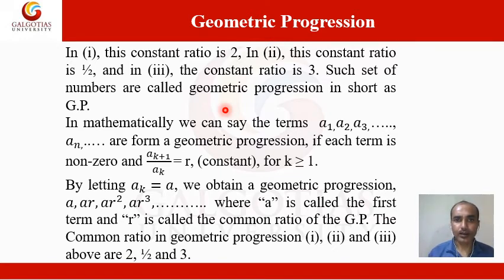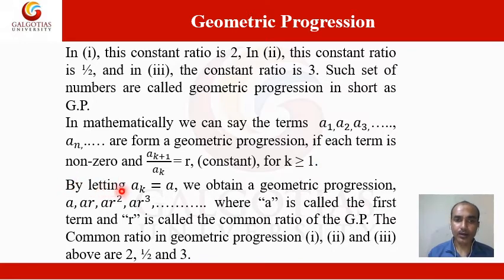Mathematically, we can say the terms a1, a2, a3 and so on up to an form a geometric progression if each term is non-zero and the ratio of the (k plus 1)th term and the kth term is r. This r is constant and is called the common ratio, for every value of k greater than or equal to 1.